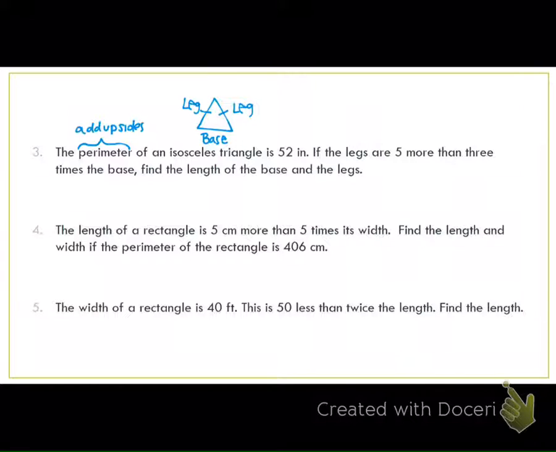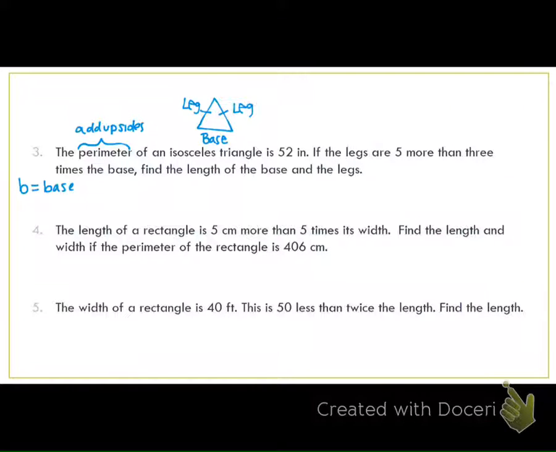So the perimeter of an isosceles triangle is 52 inches. If the legs are 5 more than 3 times the base, find the length of the base and the legs. So this is in terms of the base. So the base is what I know.